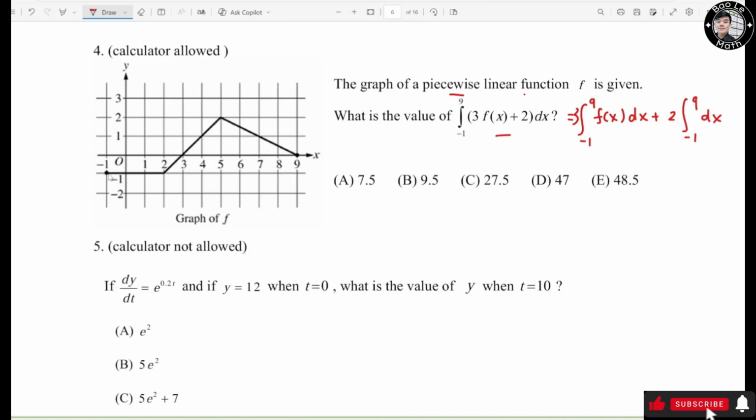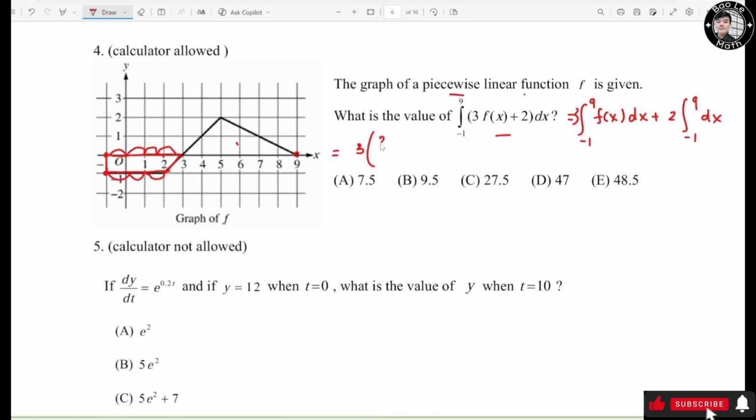Now, going from -1 to 9, it's going to be the area under the curve. So we need to calculate the area of this trapezoid and the area of the right triangle right here. So it's going to be: base 1 is 1, 2, 3, base 2 is 1, 2, 3, 4.